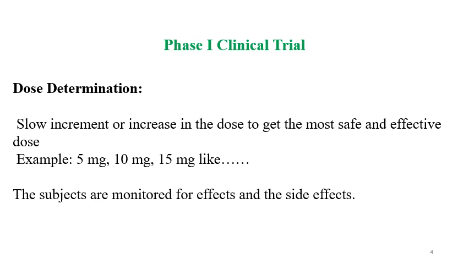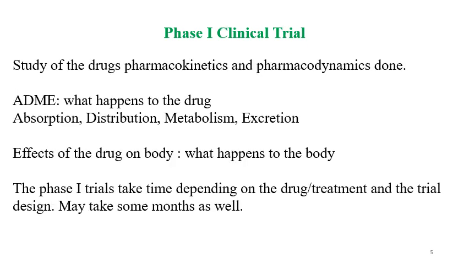You go on increasing the dose, and then you can find the most safe and effective dose. The subjects are monitored during this study for effects and the side effects. Finding out the safest dose is the objective of phase 1 clinical trial.